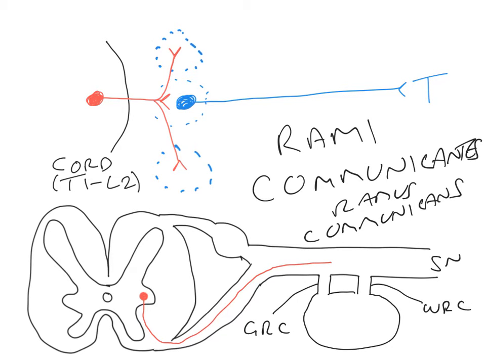Now, this sympathetic preganglionic axon does not pass immediately into the spinal nerve because it's got to synapse, hasn't it? We said that in the autonomic nervous system there's not just a single motor neuron, there's a chain of two.